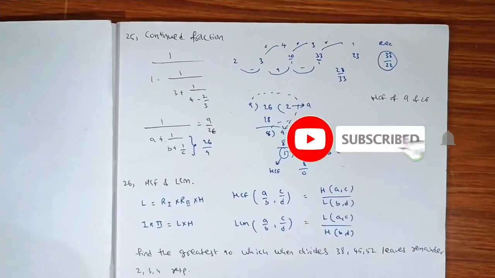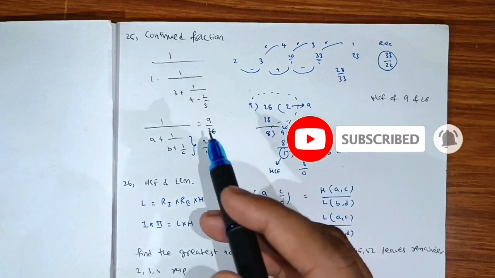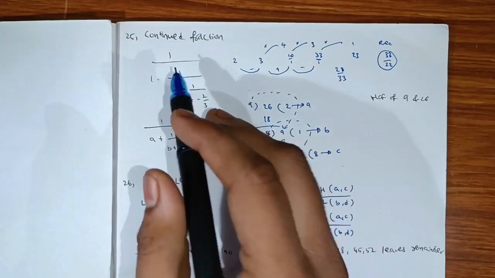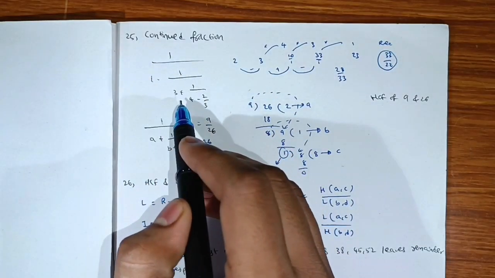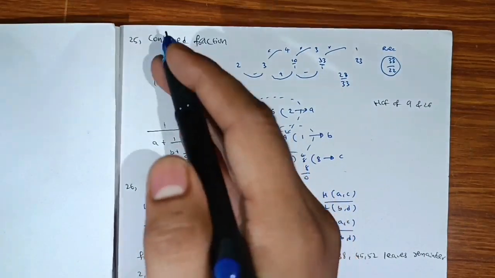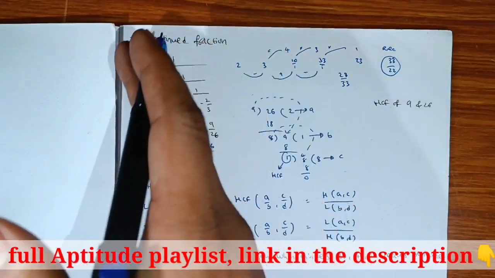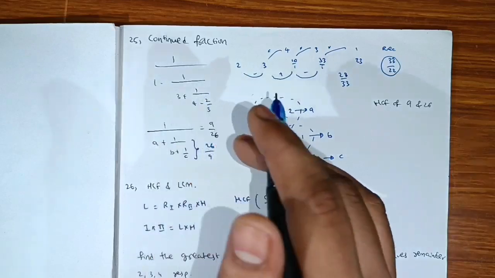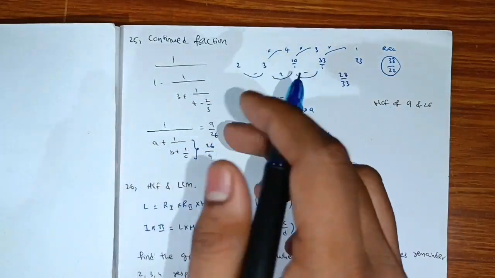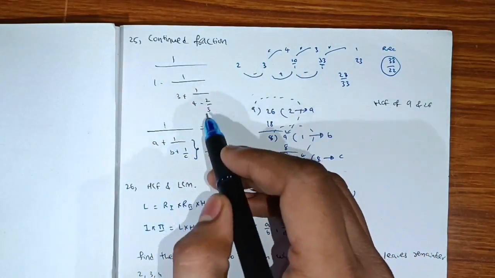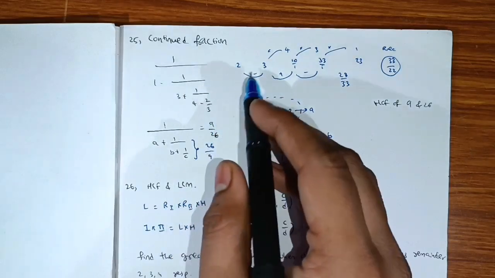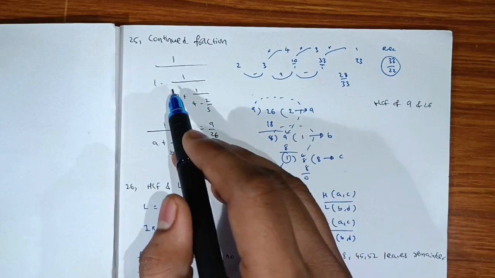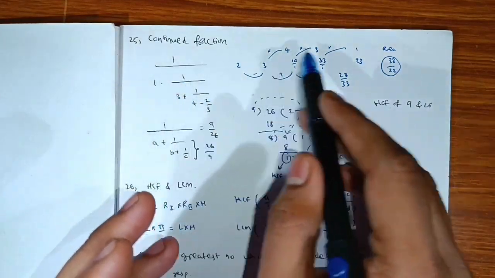After this we have seen the continued fraction, or ladder division you can say, like 1 by 1 minus 1 by 3 plus 1 by 4 minus 2 by 3. Division by divisions, you can see it is like a continued fraction. This is known as continued fractions. If the question is given, the trick is you need to write the last thing here, like 2 by 3, and write the left side values like 4 3 1 here.